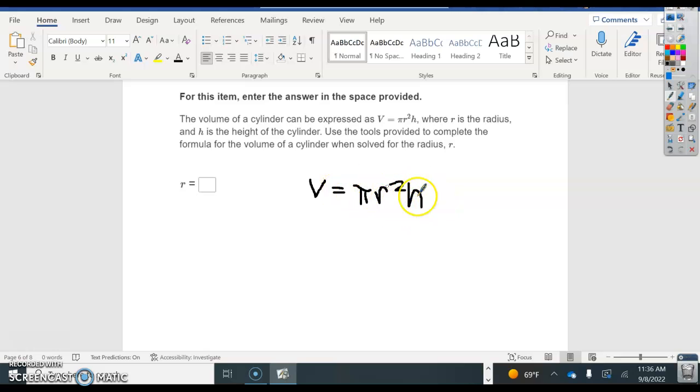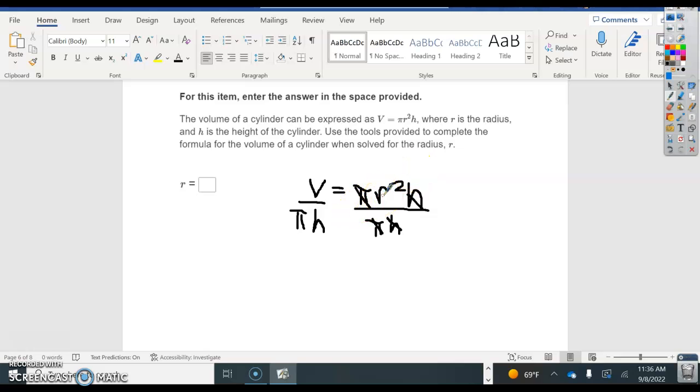So the first thing you would want to do, we're trying to get r by itself, is divide by pi and h. And so when you do something to one side, you have to do it to the other side because you want it to remain equal. So the pi cancels. And so we have this equals r squared.